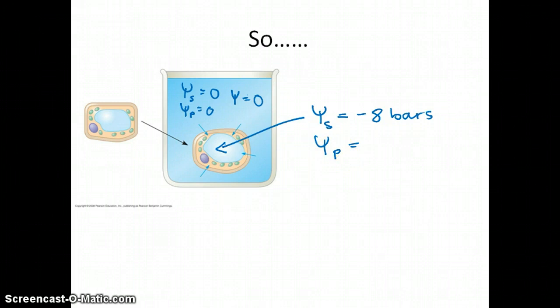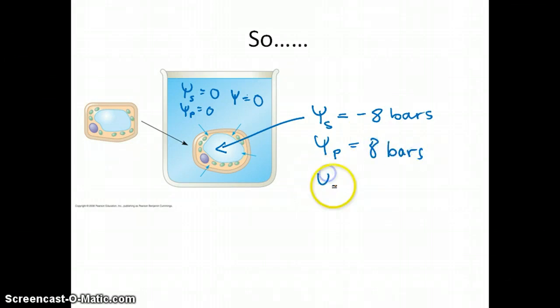Remind yourself when I talked about that balloon, and how that balloon was a positive value for pressure potential when it's forcing the water away. And that's what's happening to the cell wall when water is being pushed on that cell wall from the inside. So actually, it has a pressure potential of 8 bars.